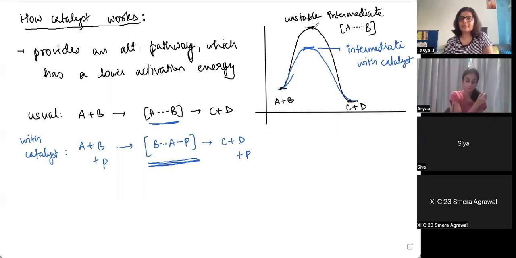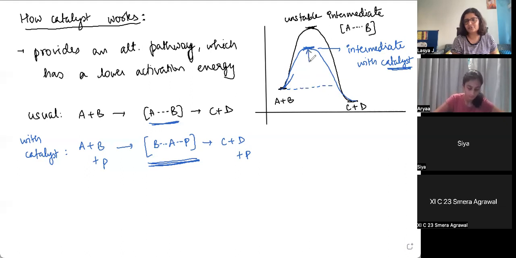But when it so happens that its energy is lower and it's easier for the molecules to take this pathway and get to C and D quicker than your original way, that's when we call it a catalyst for this particular reaction. It's making it faster, it's going to speed it up. This is what the graph looks like with a catalyst. So you can see that the activation energy is also reduced compared to your original.